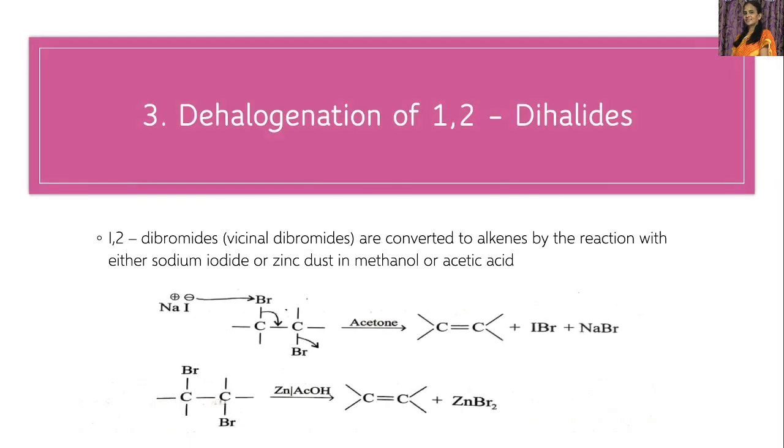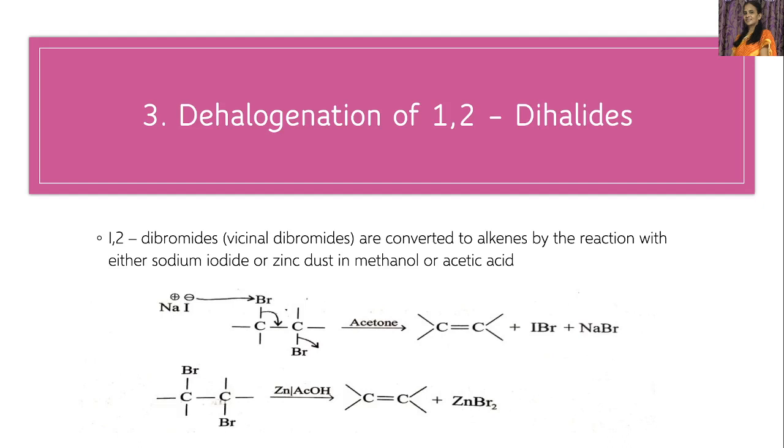Now, the third preparation of alkenes is dehalogenation of 1,2-dihalides. So what is dehalogenation? De means loss, halogenation means halogens. So two halogens from adjacent carbon atoms are removed in this process to form the alkene.